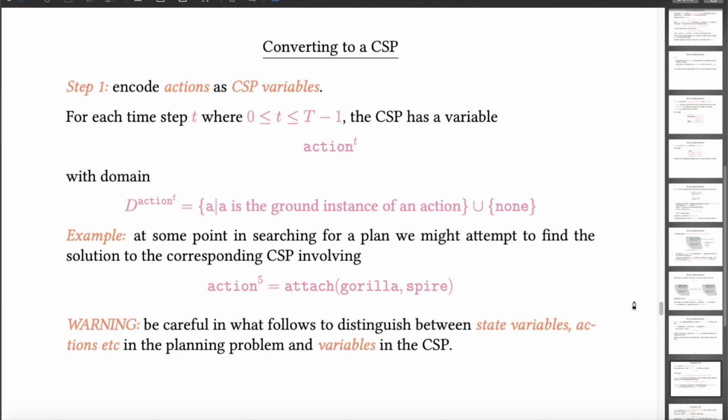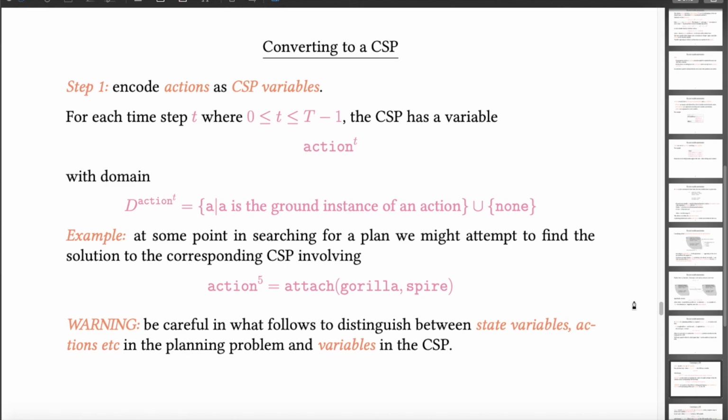Let's say we've chosen big T as the number of steps within which we think we can achieve a plan. The first step in transforming into a CSP is that for each possible time step in that range, the CSP has a variable called action T, and its domain contains all the ground instances of any action.